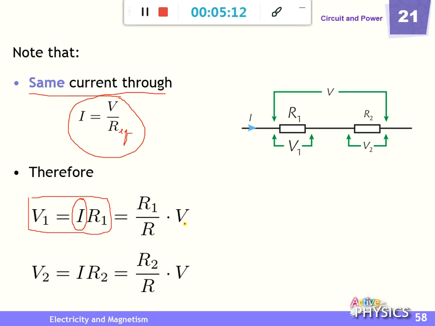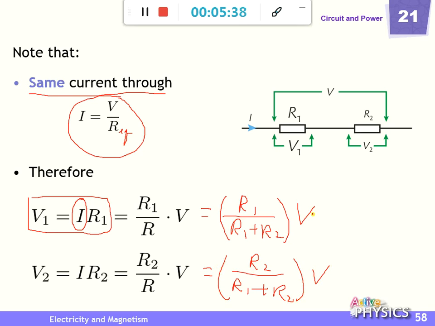Put I here, and you can get this relationship, or you can write it down like that. What is R equivalent? It will be R1 plus R2. This will be the ratio of it. How about V2? It will be R2 over R1 plus R2.